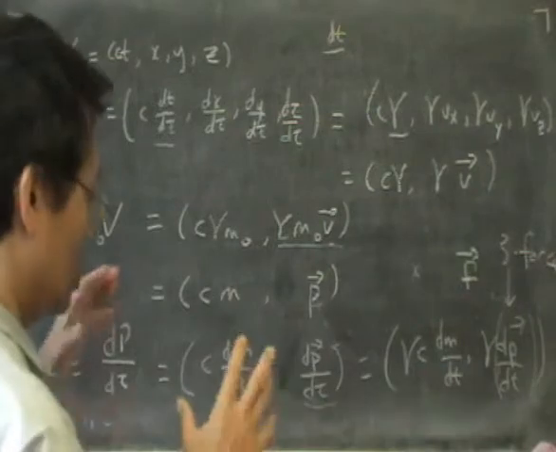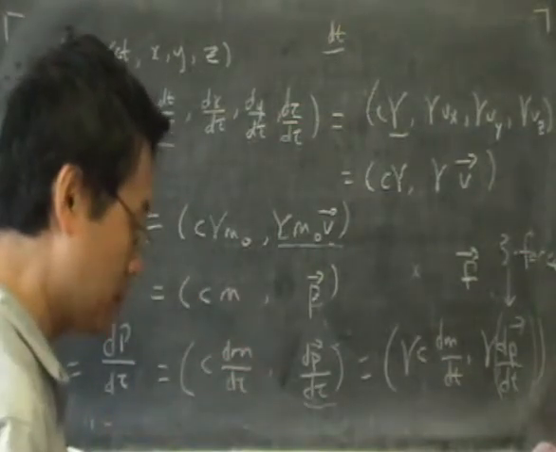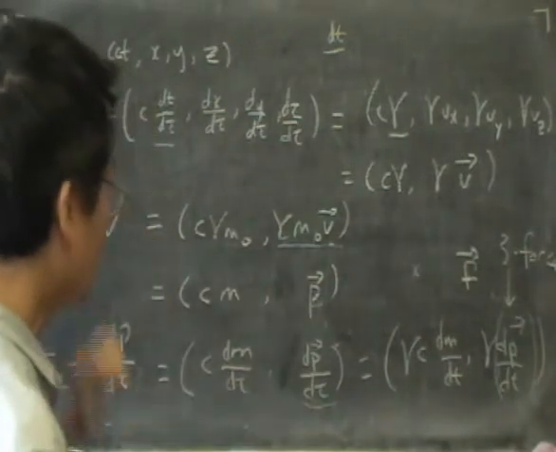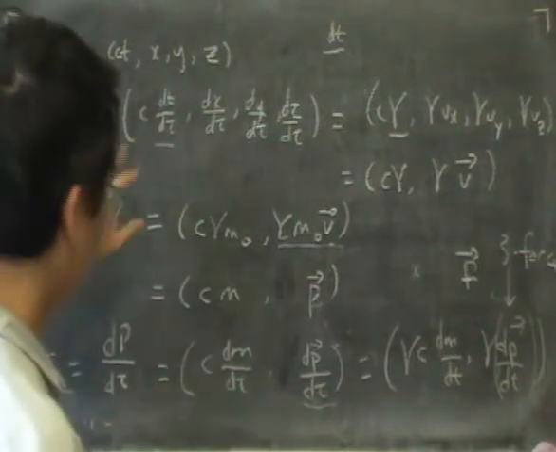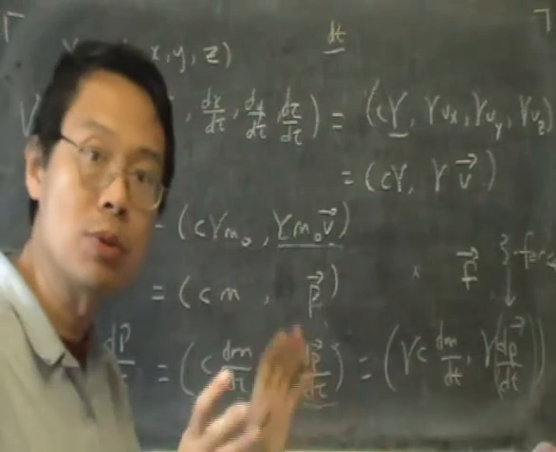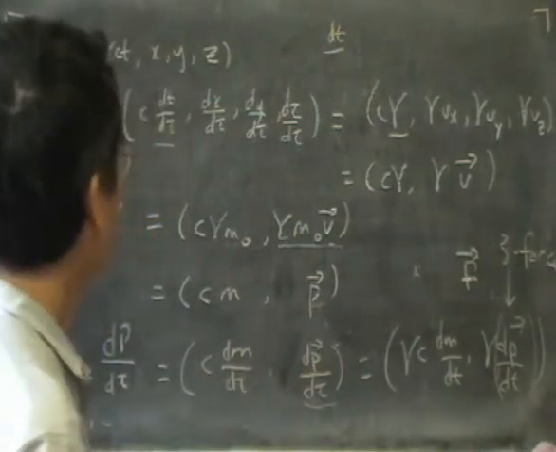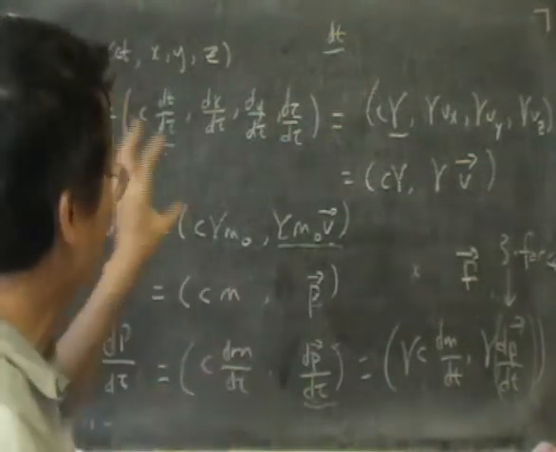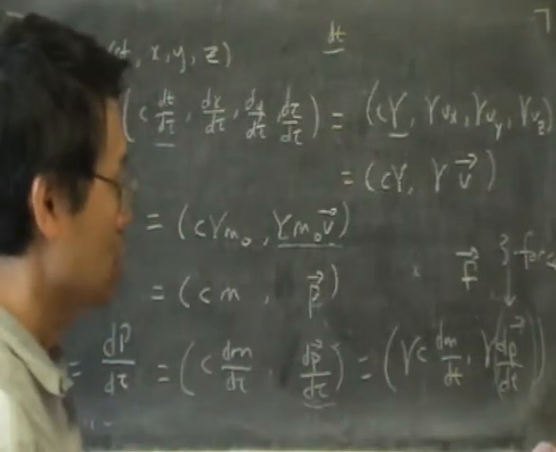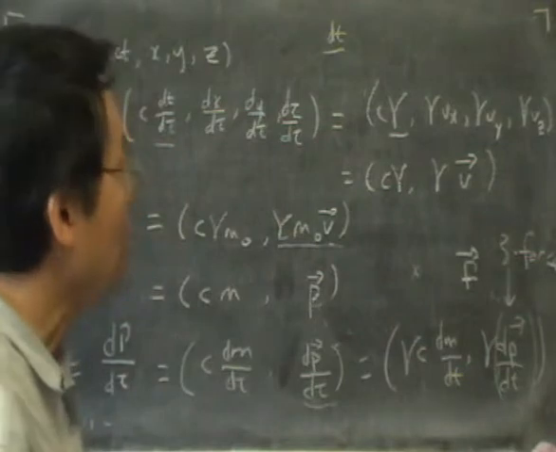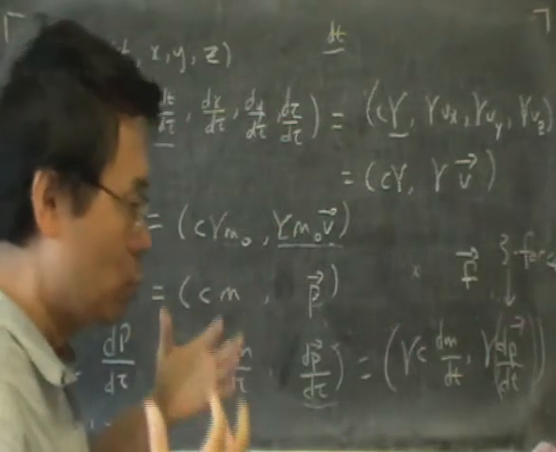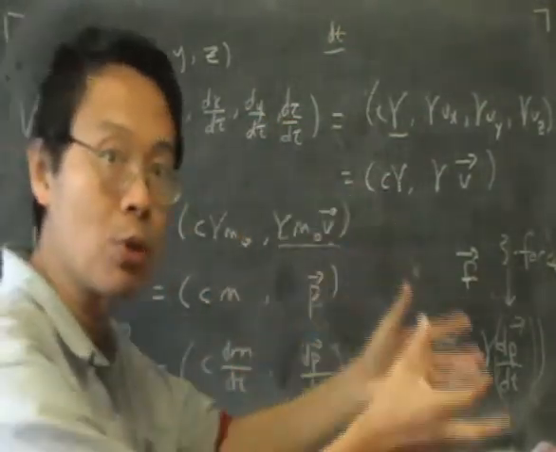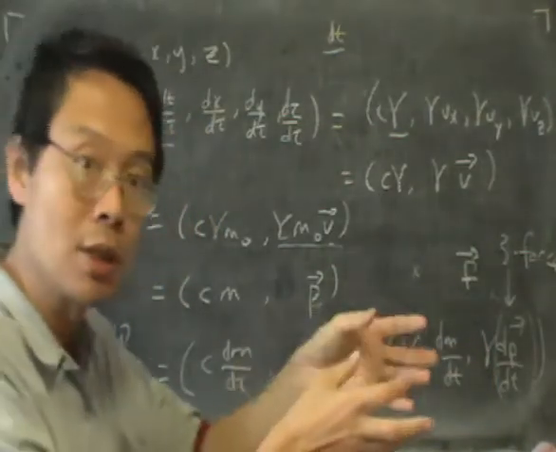To be precise, it means that, let's say you start from a certain frame of reference, if we take any two of these 4 vectors, either a V or a P, or the P for two different objects, and take the inner product of them and find a certain answer, then if we transform these 4 vectors into another frame of reference and take the inner product there, you'll find that the answer should be the same.